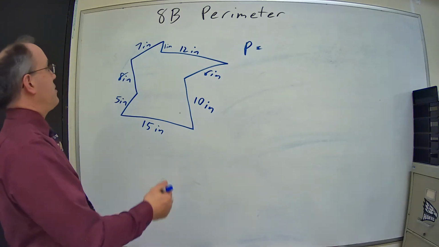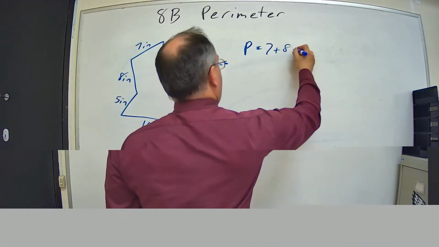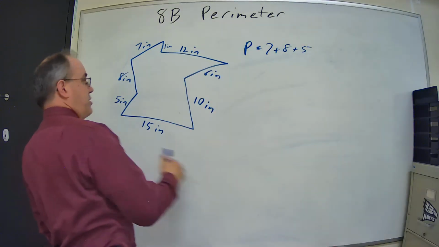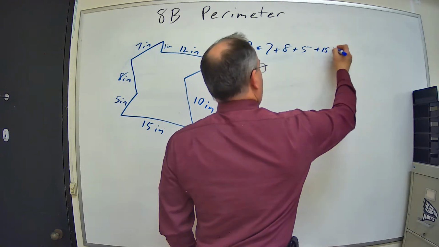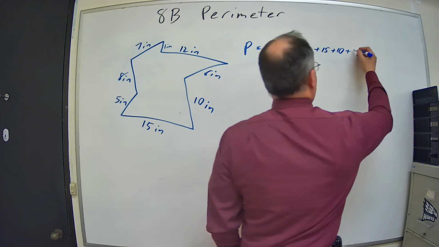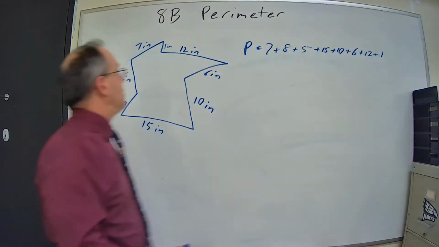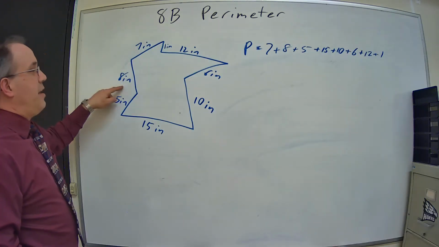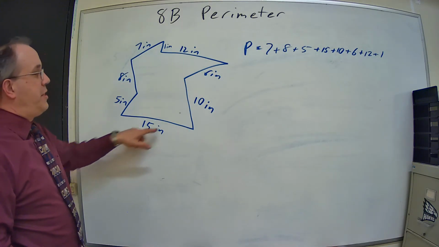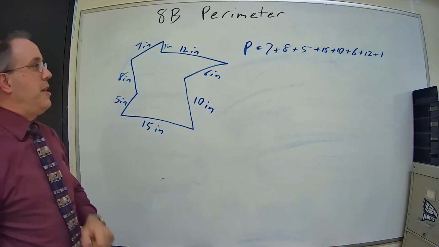So I'm going to save myself a little effort and just go 7 plus 8 plus 5 plus 15 plus 10 plus 6 plus 12 plus 1. Right? 7, 8, 5, 15, 10, 6, 12, 1 puts me back to the beginning again.